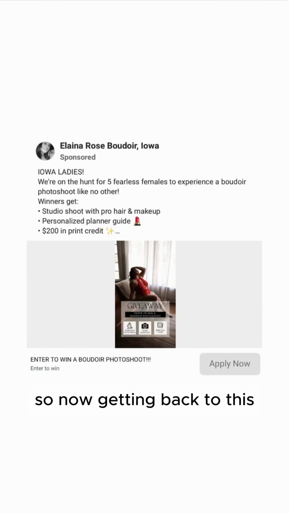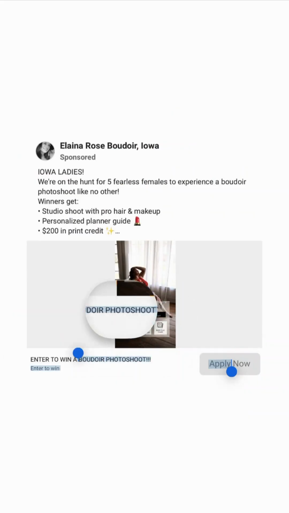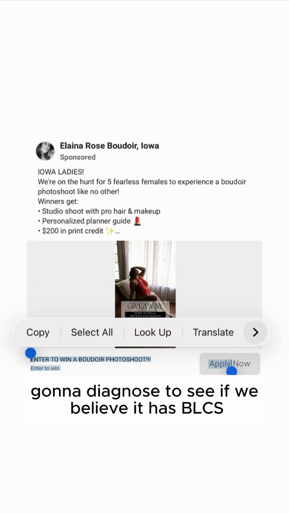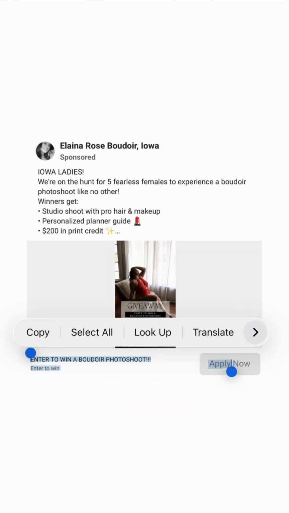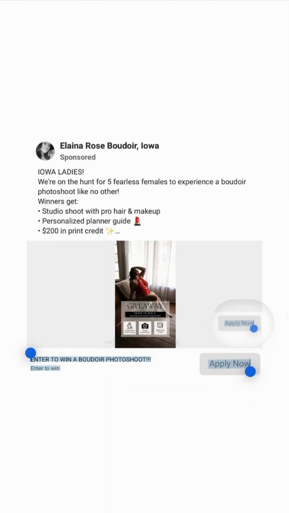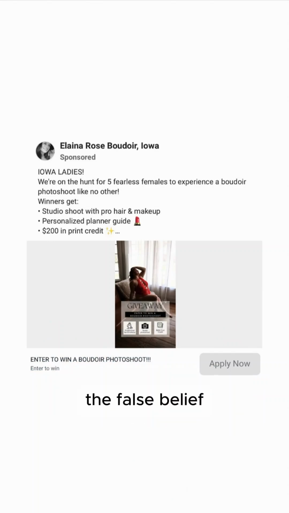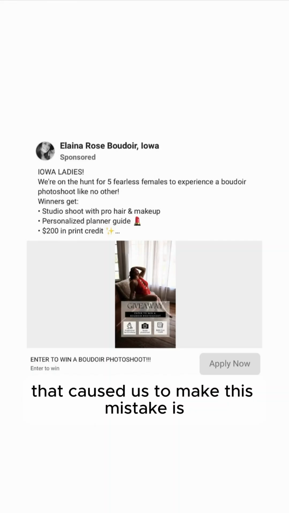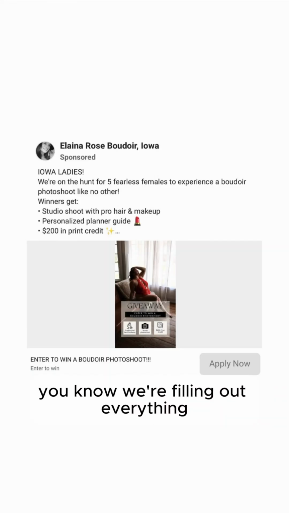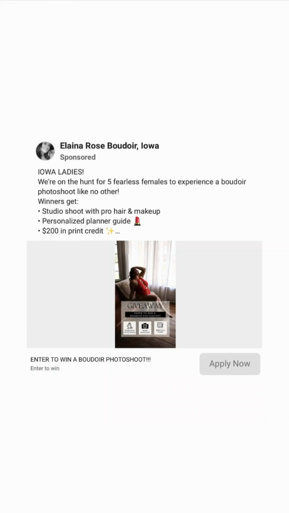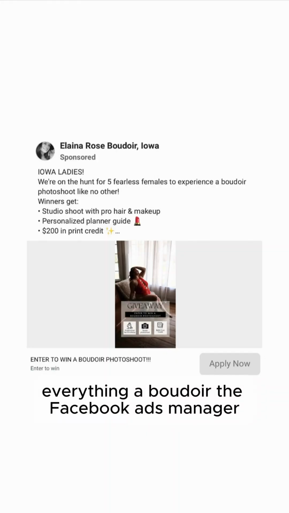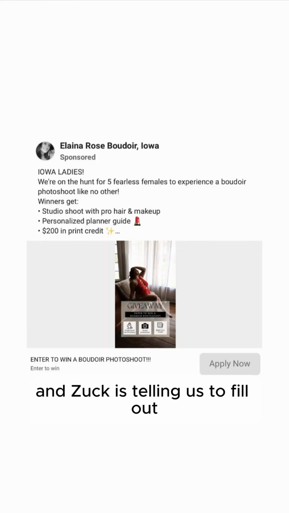So now, getting back to this, I'm going to diagnose to see if we believe it has BLCS, yes or no. So we've got the below creative cluster mistake here. The false belief that caused us to make this mistake is, we're filling out everything in the Boudoir Facebook Ads Manager that Zuck is telling us to fill out.